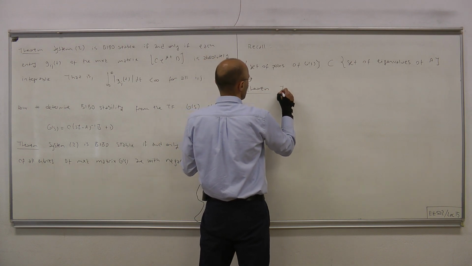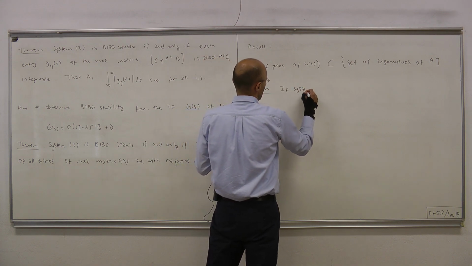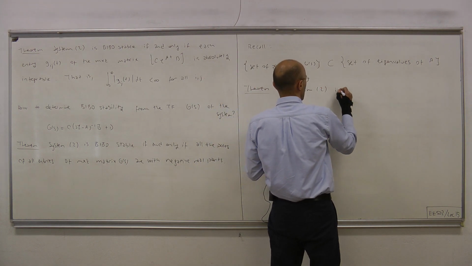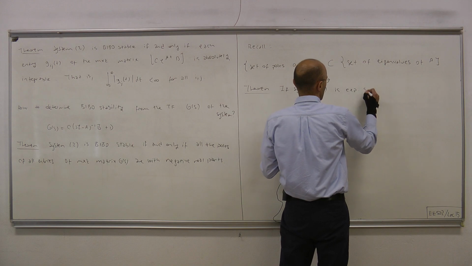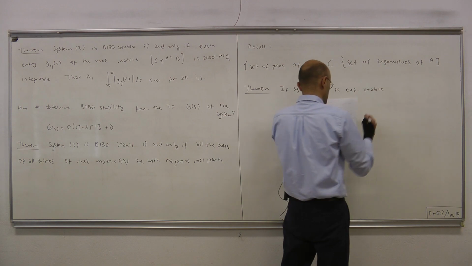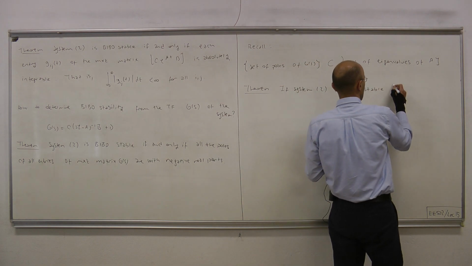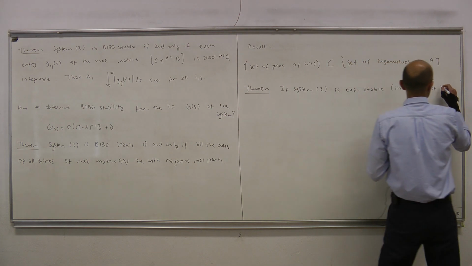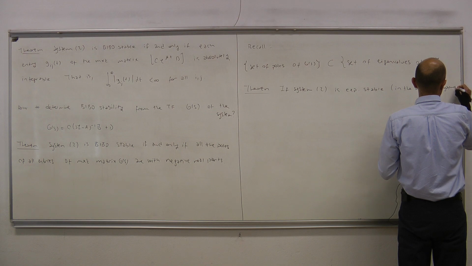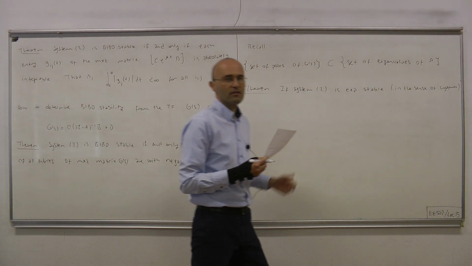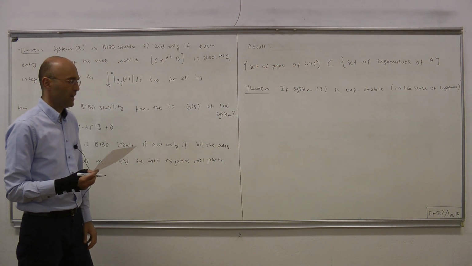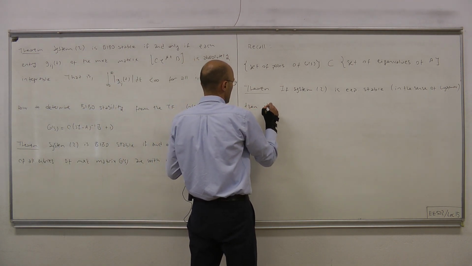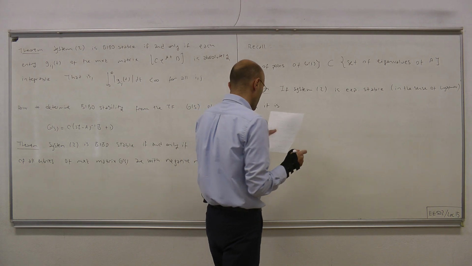If our LTI system is exponentially stable in the sense of Lyapunov, or if all the eigenvalues have negative real parts, then it is BIBO stable.